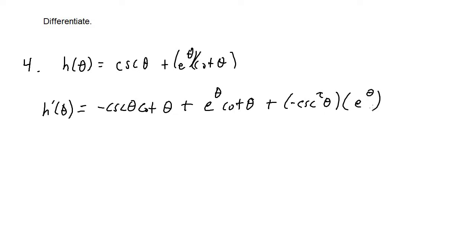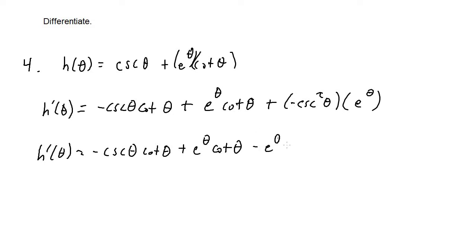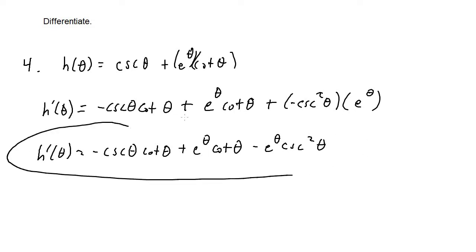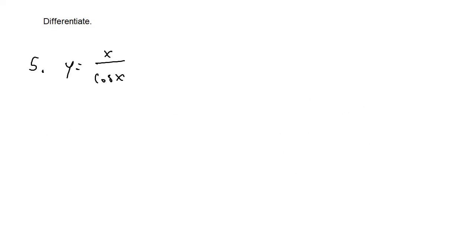So now I can go ahead and simplify. So h prime of theta is going to equal negative cosecant theta cotangent theta. We have plus e to the theta cotangent theta. And then we do have a negative here, so I'm going to bring that negative out front and say minus e to the theta cosecant squared of theta. That's going to be the final answer. Now for number 5, we have y equals x over cosine x.